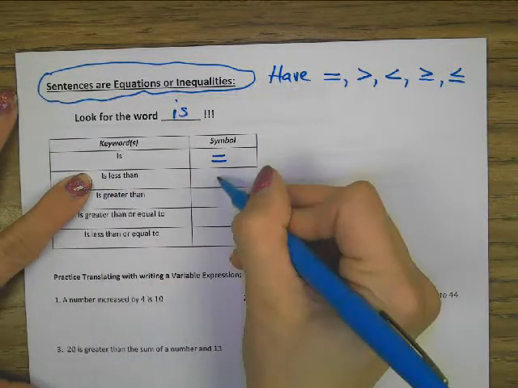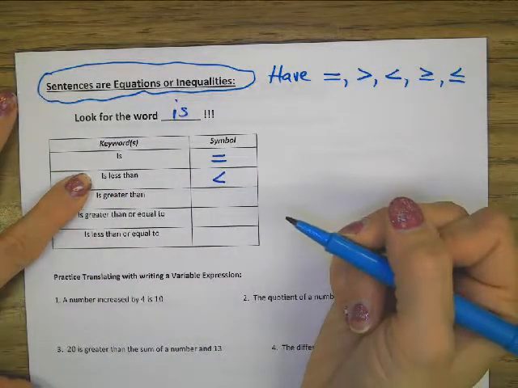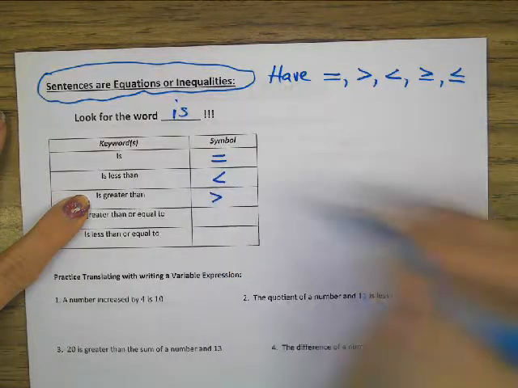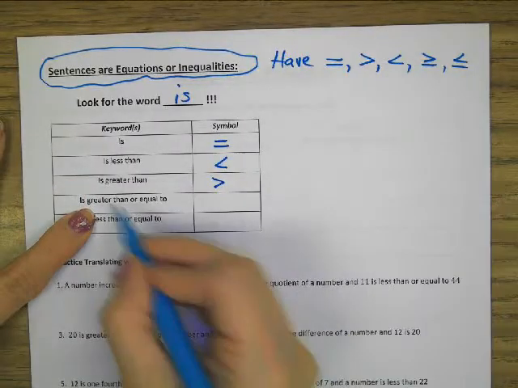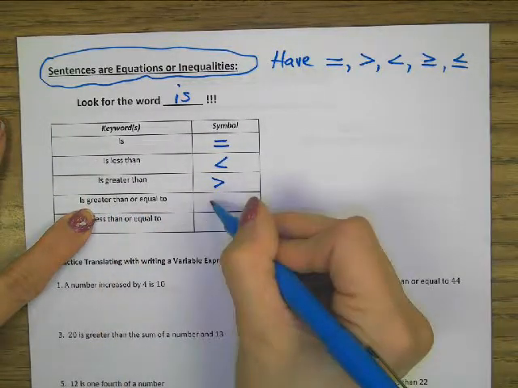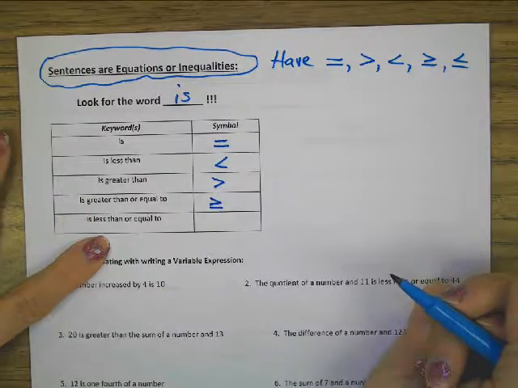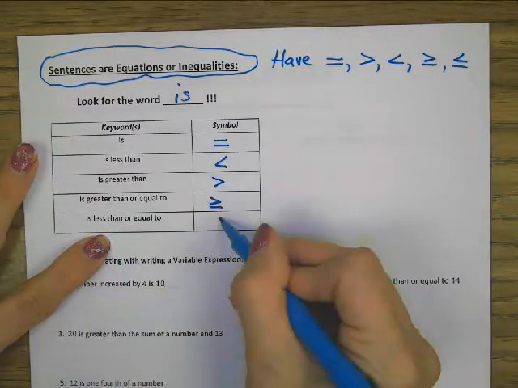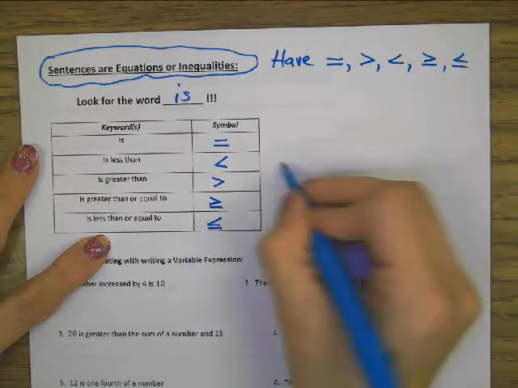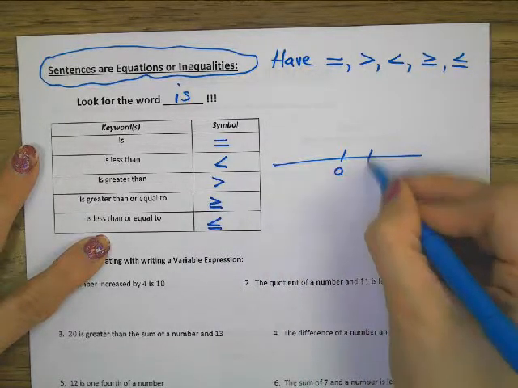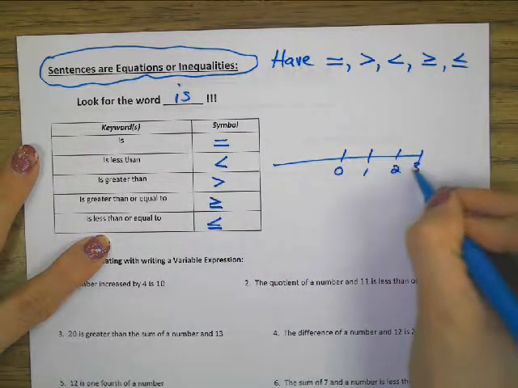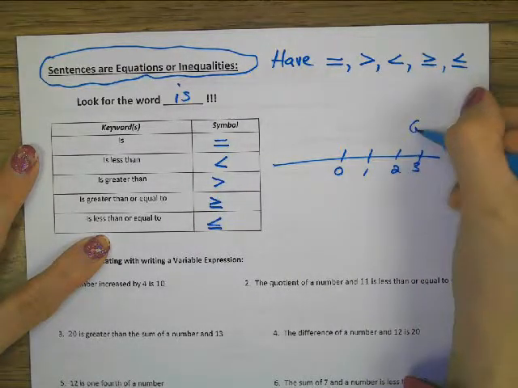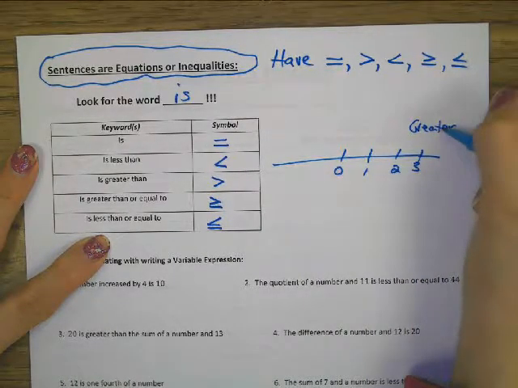Is less than or equal to points to the left. Okay, when you're looking at a number line, 0, 1, 2, 3, the greater numbers are always going that way, towards the right. And the less numbers always go to the left. What's less than 3? 2, less, even the negatives.